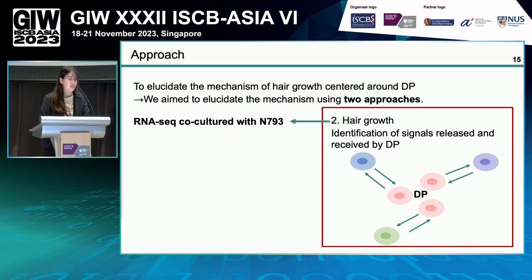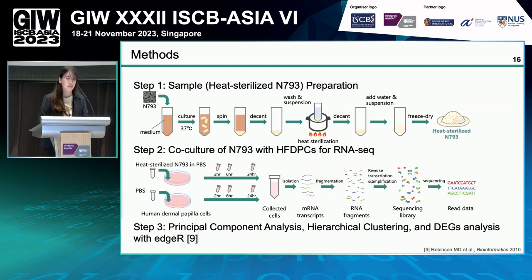To be specific, we performed RNA-seq co-culture with N793. In step 1, sample was prepared. In step 2, co-culture of N793 with HFDP cells for RNA-seq was performed. In step 3, principal component analysis, hierarchical analysis, and differentially expressed genes analysis with HR.